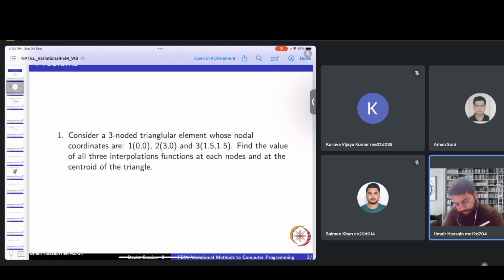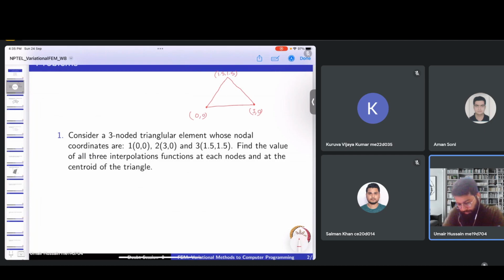Okay, so we have a three-noded triangular element whose coordinates are (0, 0), (3, 0), and (1.5, 1.5).